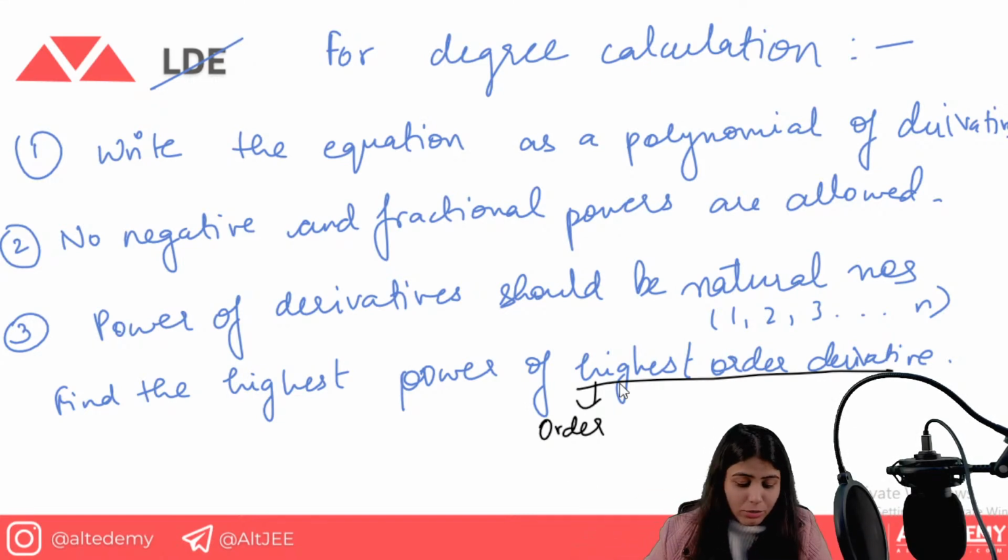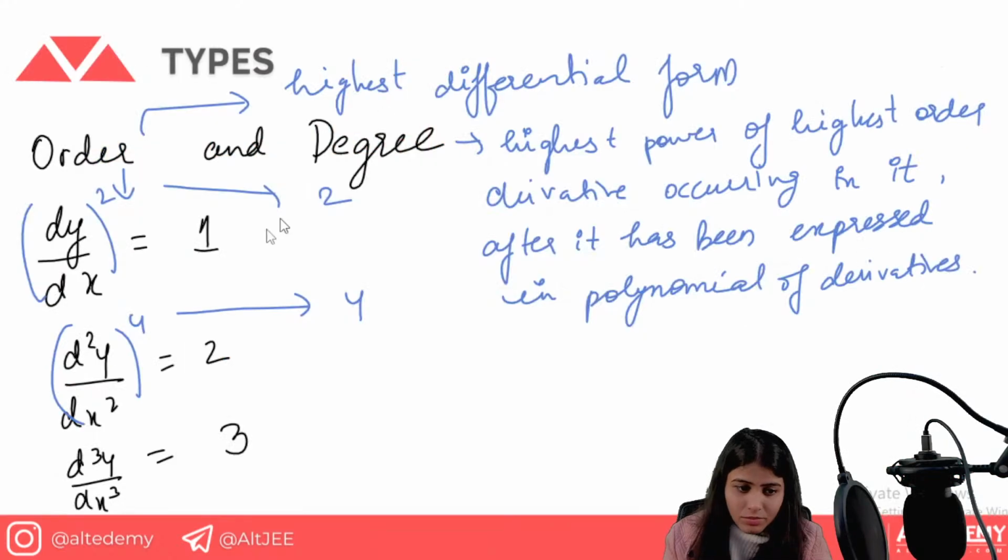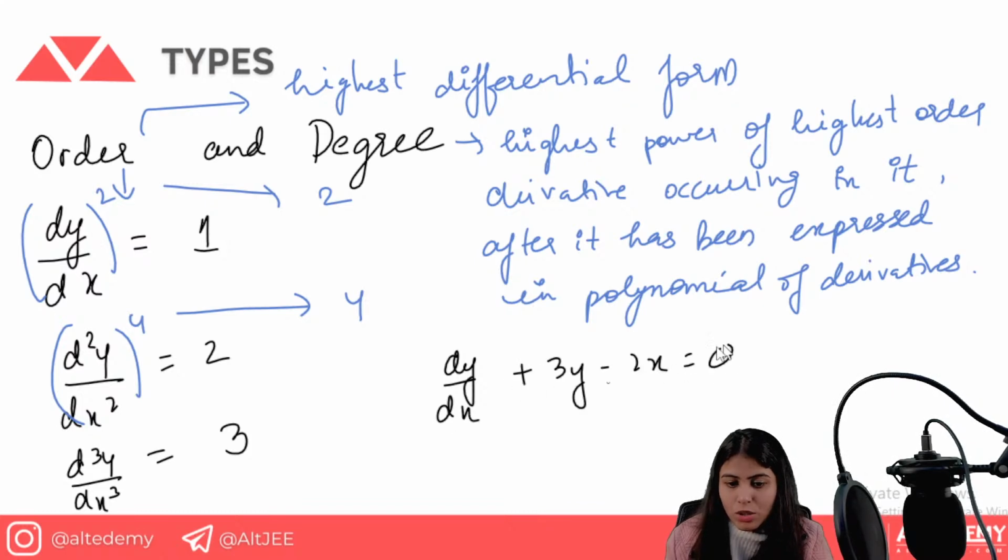I hope you are able to understand what I'm saying. For example, we have here dy by dx as our equation: dy by dx plus 3y minus 2x is equal to 0. So here the order is 1, because it is dy by dx, and the power, for example, you can take as 2 here.